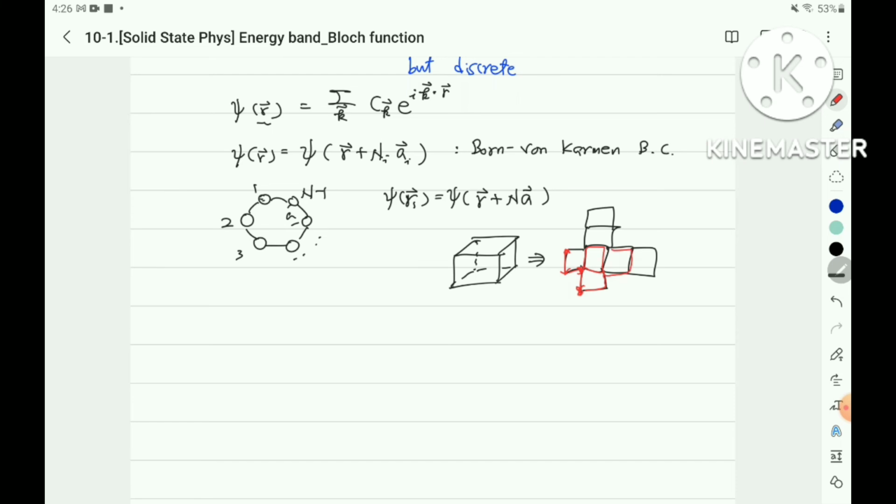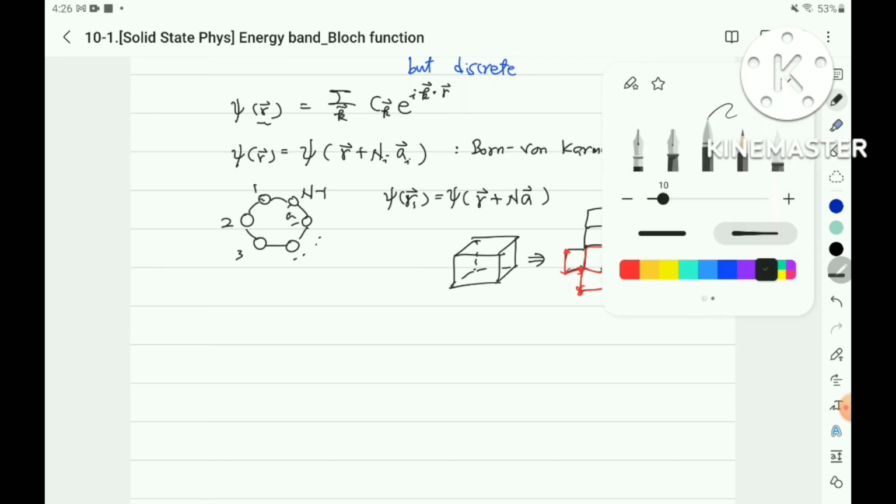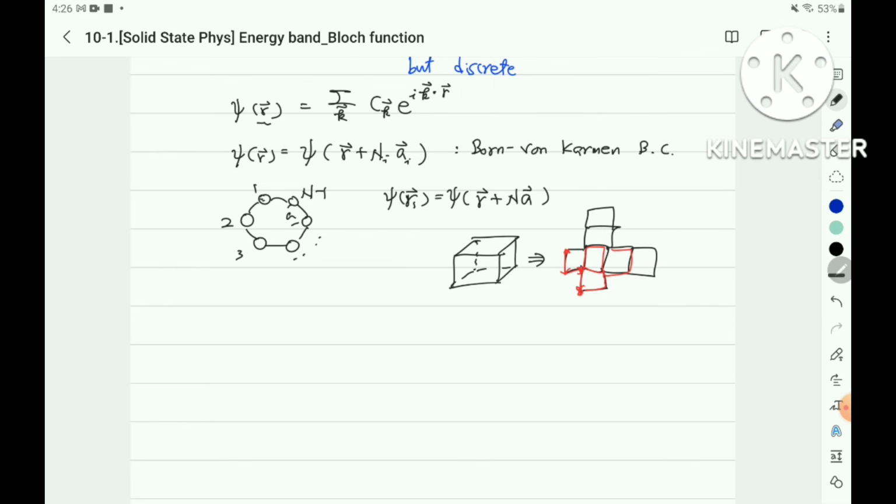Then we can make a single line, and the three-dimensional space can be transformed into a one-dimensional lattice.